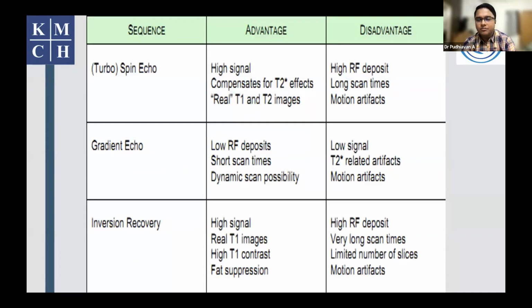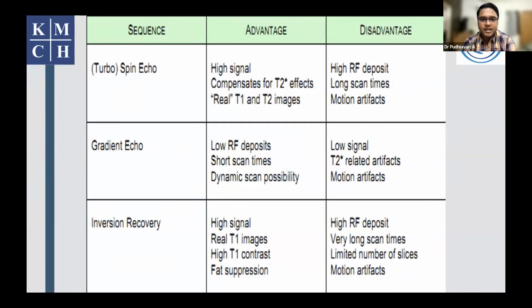Magnetic field inhomogeneities have little effect, and you get what is called real T1 and T2 weightage with a spin echo sequence. The disadvantage is that, since we use 2 RF pulses, there is a high rate of RF deposition. The scan times are much longer, and since the scan times are longer, there is more chance for motion related artifacts.